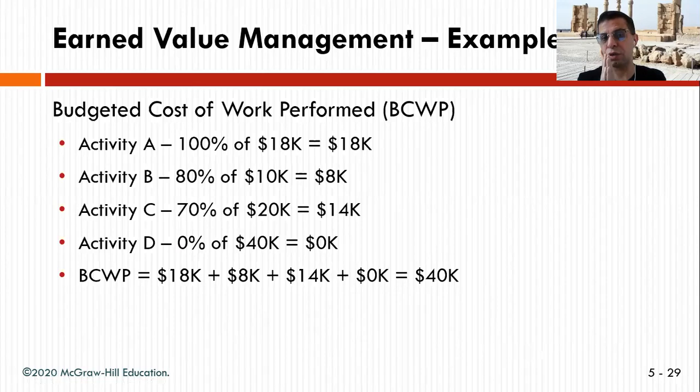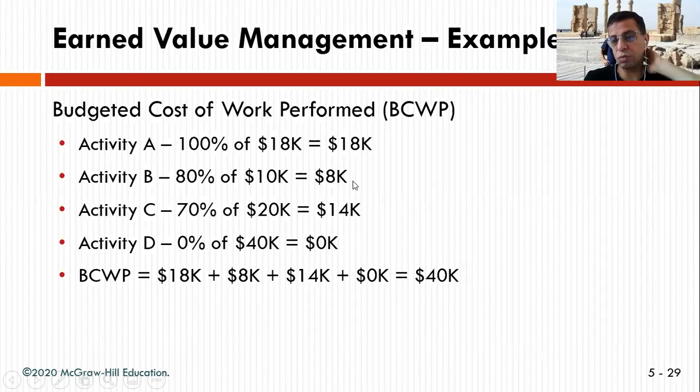But the budgeted cost of the work performed, which is, we said that in activity A you finished it, you are really doing a good job and you have managed to finish everything, which is worth $18,000. In activity B, you've done 80% of it, still there is 20%, but their budget is still there, there is $2,000 you can consume if you did not consume it.